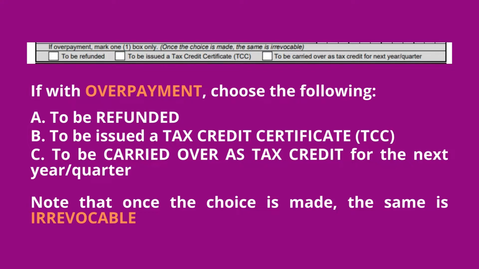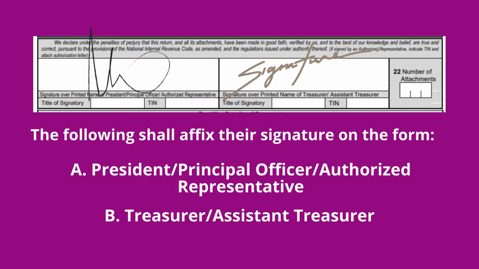Mamili lang ta isa. But once the choice is made, the same is irrevocable. Then, the president or the principal officer or the authorized representative and the treasurer or assistant treasurer will be made to put their signature over their printed name.